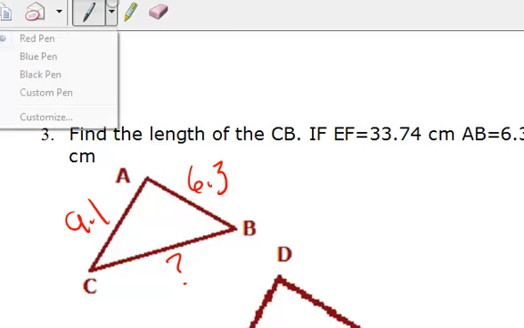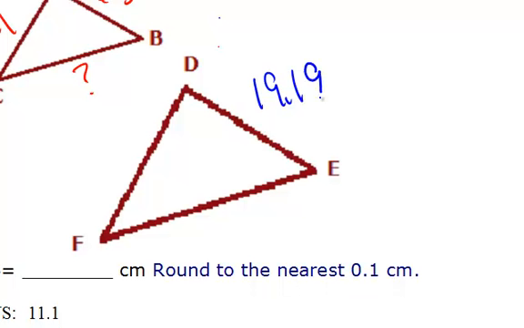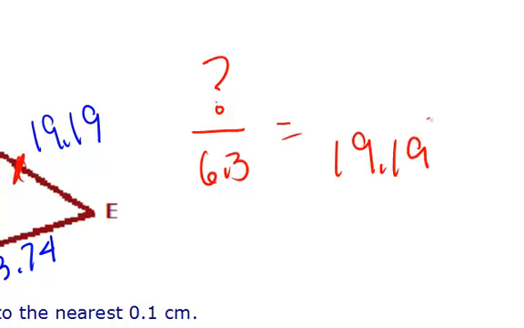In the other triangle, we know D to E is 19.19, and E to F is 33.74. Since we're looking for this side, we have question mark over 6.3, because that's the only other one that's got a side that matches with it. 19.19 is in this triangle. I should have made that blue.